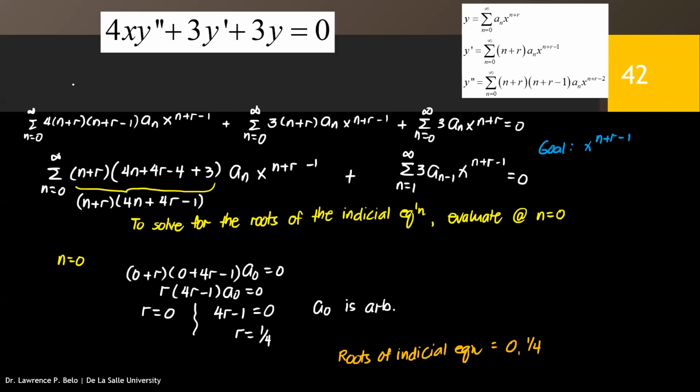So let's just finish this. We have two roots. So r equals 0, the first root. Let's go back. What's the equation? Let's simplify this one.